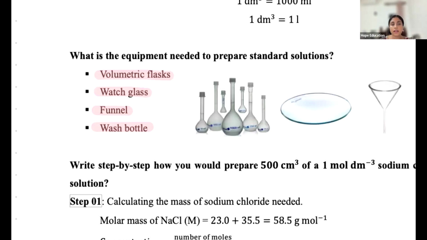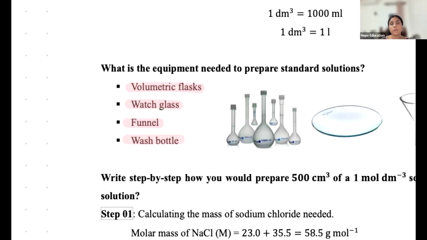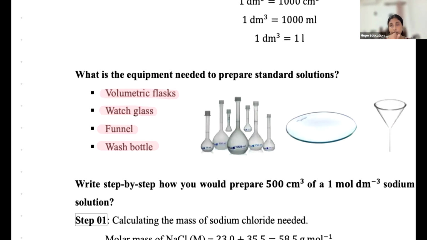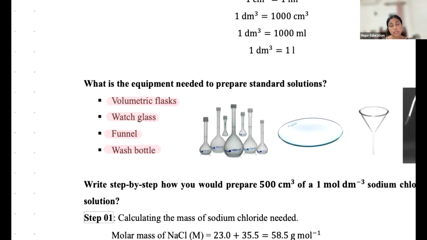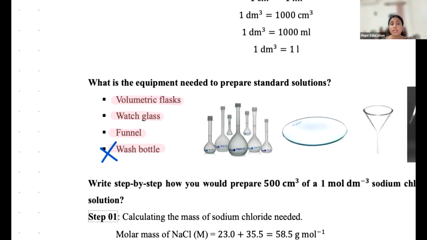Children, remember this: in the exam they ask you what glass equipment you need to prepare a standard solution. If they ask for glass equipment, you can't write wash bottle, because a wash bottle is not glass, it is actually plastic. But volumetric flask, watch glass, and funnel, these three are glass.